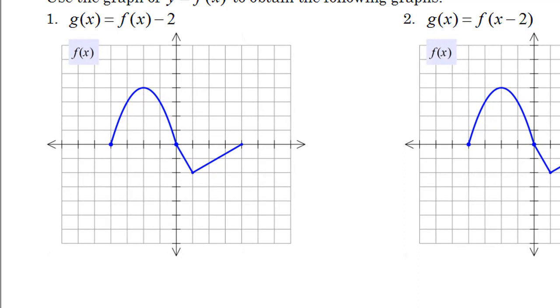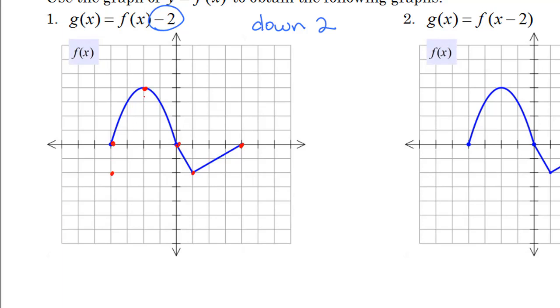So the given graphs are in blue. That's our f of x. We're going to create a new graph by the transformations. As in, what does that minus 2 do to the graph? It moves it down 2 units. So what you want to do is just take some representative points from the original graph, enough where when you play connect the dots you get that same shape, and just shift all those points down 2.